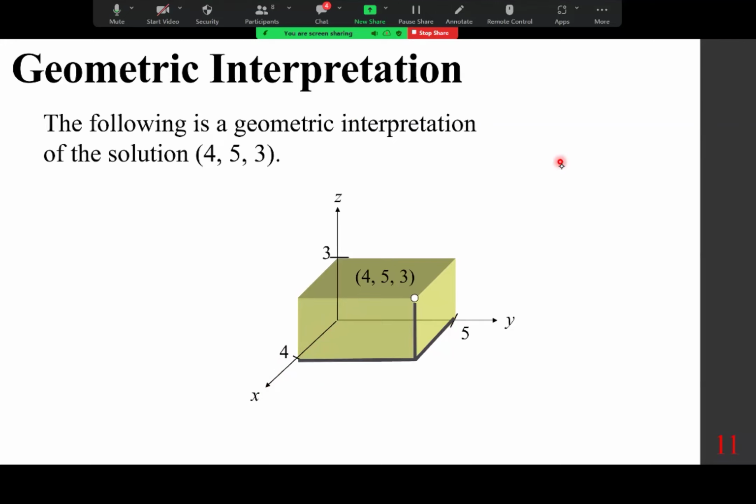Inside would be the negative. Here's the positive side of y. Here's the positive side of z. So we go 4 along the x-axis, 5 along the y-axis, and 3 up along the z-axis. It's a 3-dimensional space, x, y, z.